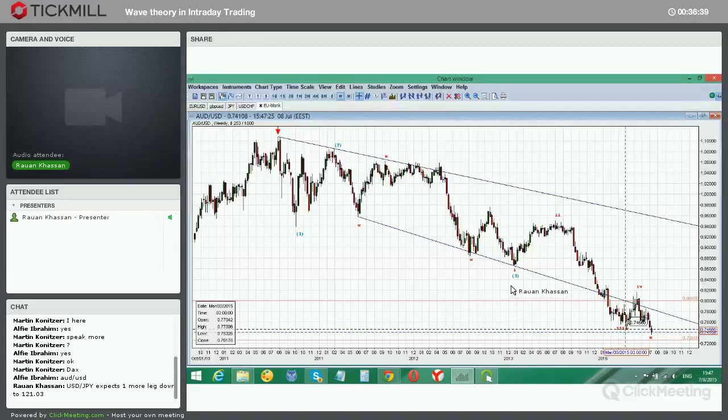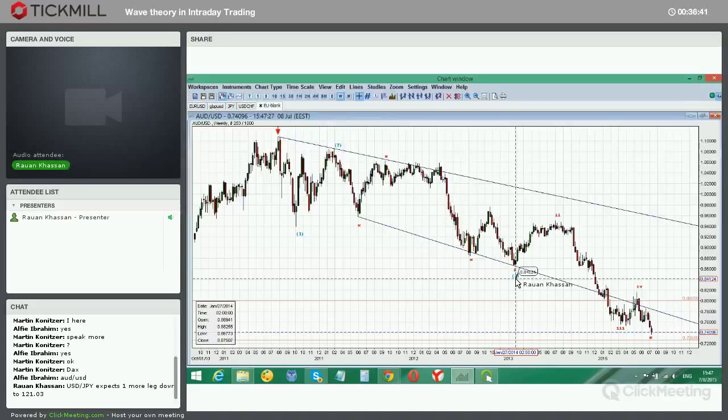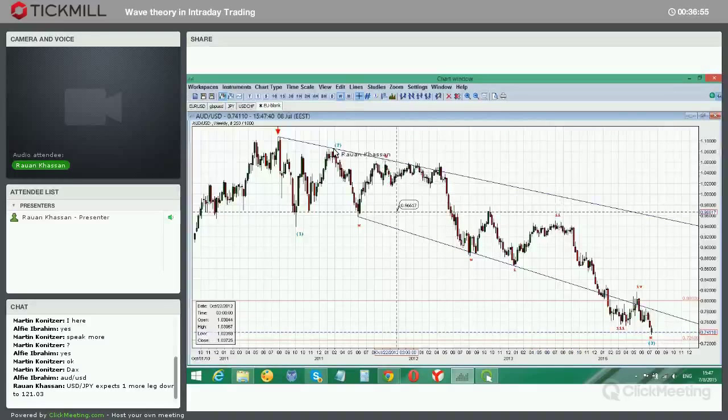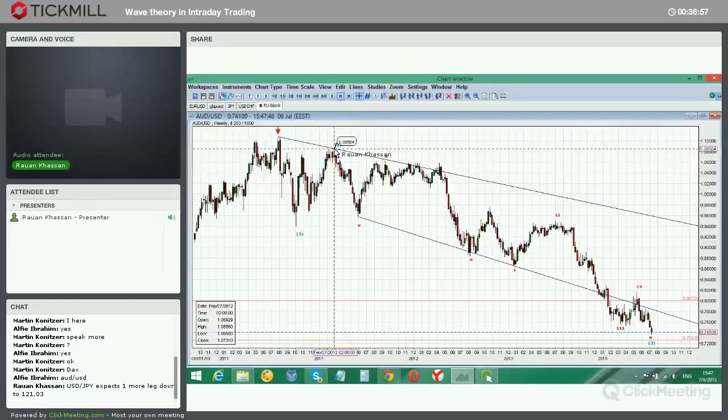If the assumption is right, we will have an extended descendant third line, which would be stopped around static support 0.7260, and starts in February 2012 at 1.0656.